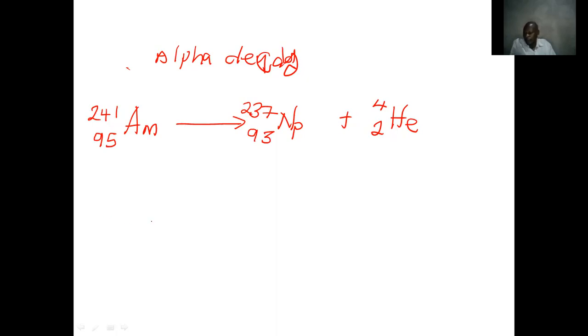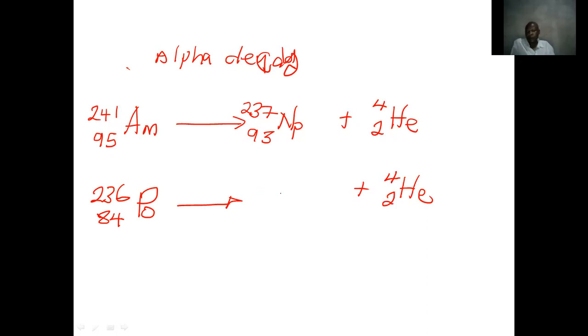Another element is this atom here with the nucleon number 236 and the proton number 84. When there is an alpha decay, you are going to produce the helium atom with the nucleon number 4 and atomic number 2.